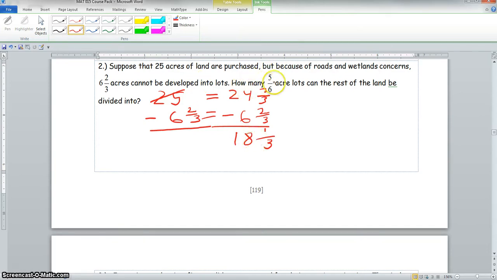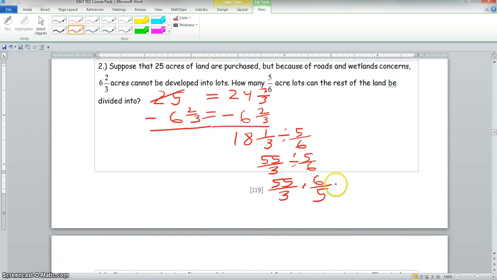But now we want to know how many 5/6 acre lots can the rest of the land be divided into. So we know we would take this value here and divide it by 5/6. So now we change this 18 and 1/3 into an improper fraction. 18 times 3 is 54 plus 1 is 55. So we have 55 over 3 divided by 5/6. Division becomes multiplication, and we take the reciprocal of the second fraction.